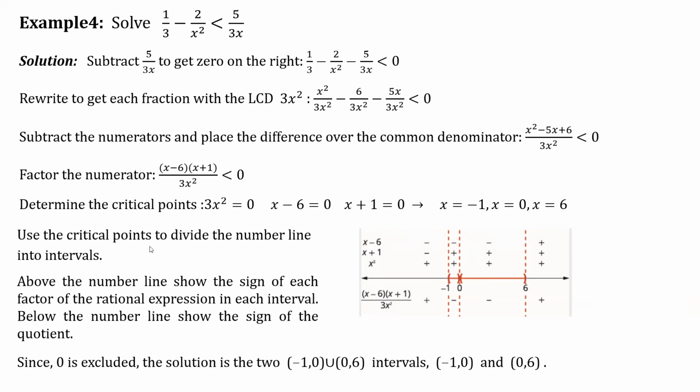Using critical points, we divide the number line into intervals. Above the number line shows the sign of each factor of the rational expression in each interval. So we find the sign of this inequality on each interval. Below the number line shows the sign of the quotient.